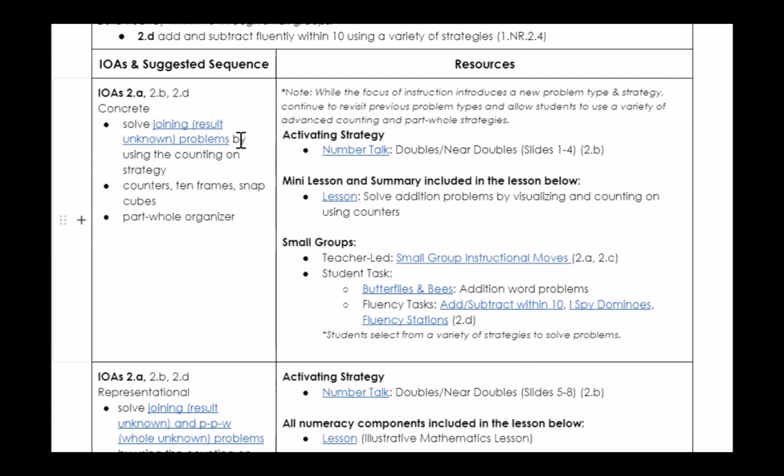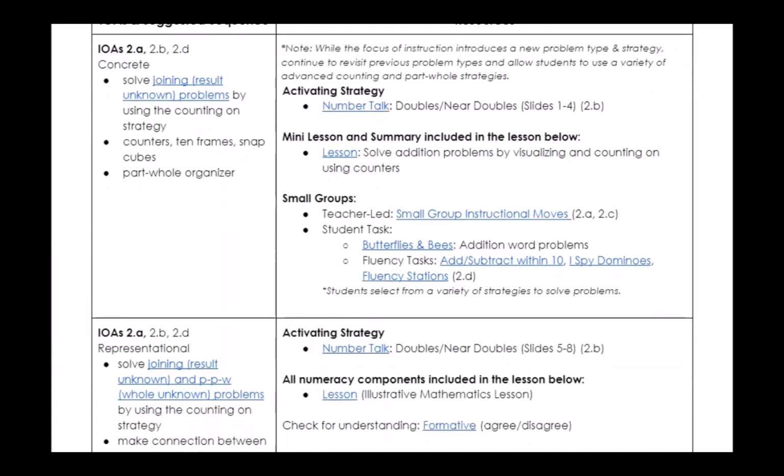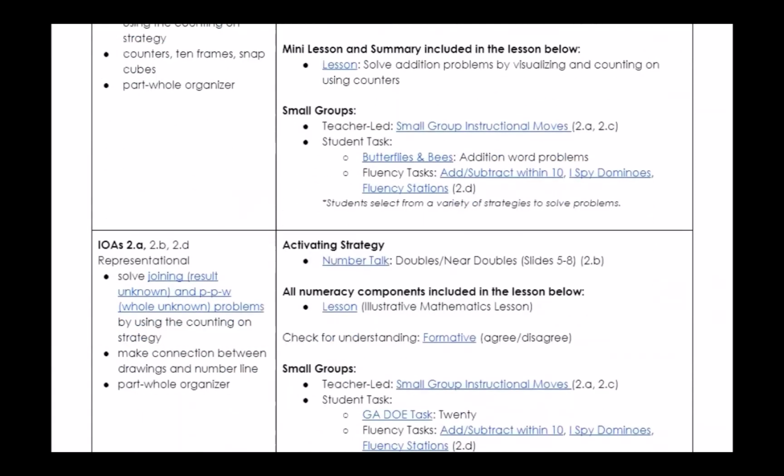It's the easiest one for students to do. We're going to do that concretely with counters, 10-frames, snap cubes. We're going to organize our thinking in a part-whole organizer. Then we're going to do that same problem type, but we're going to move to that representational level. So we're going to make that connection between the manipulative that we used and drawings. We also may use a number line to represent our thinking.